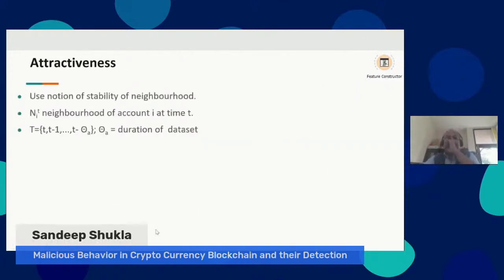Now, attractiveness is basically a measure of what I earlier said, the neighborhood stability. Do you interact with the same set of people, or do you interact with all kinds of people all the time? That is measured in terms of attractiveness, which we defined as this measure.